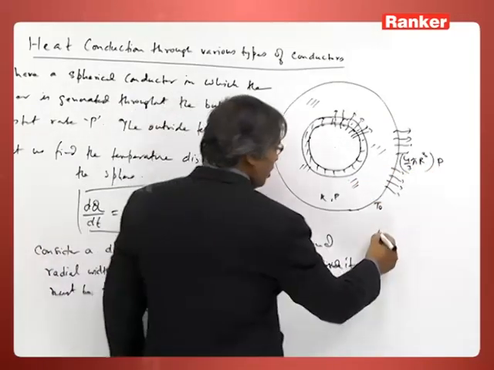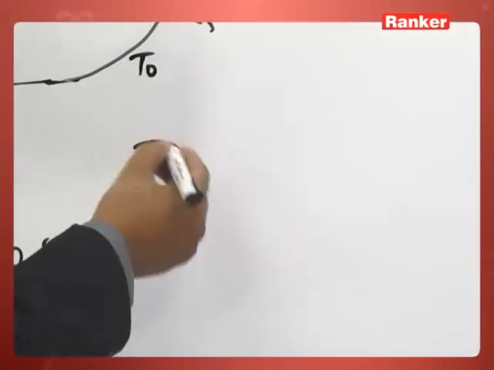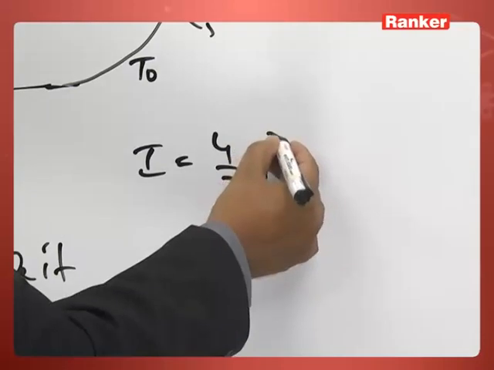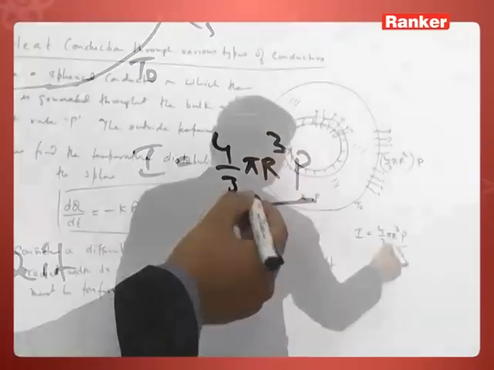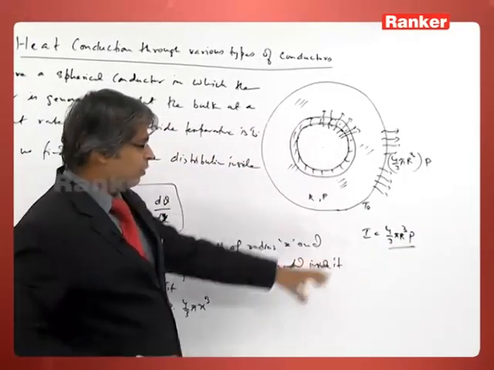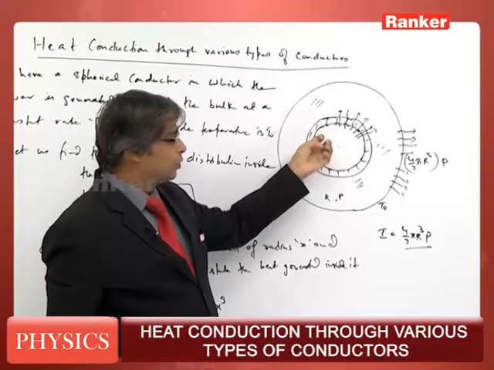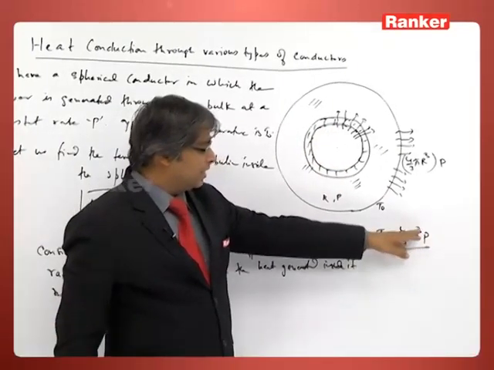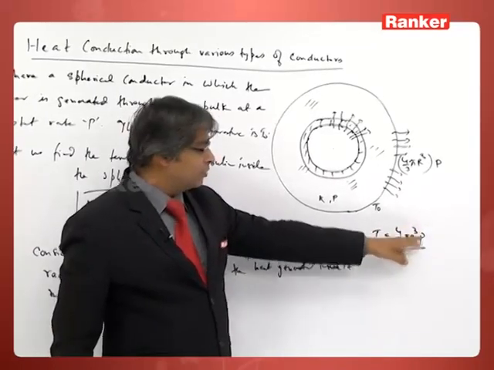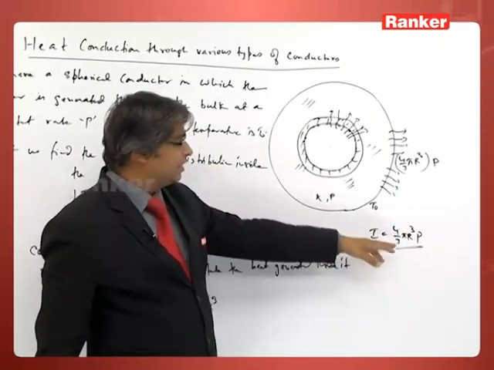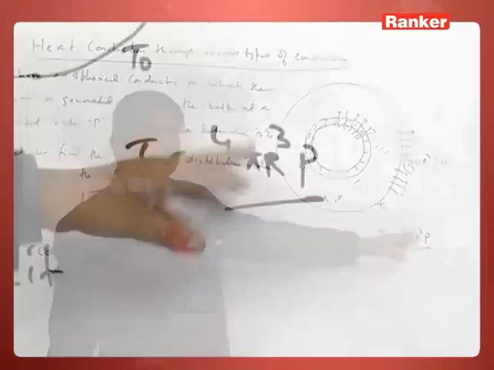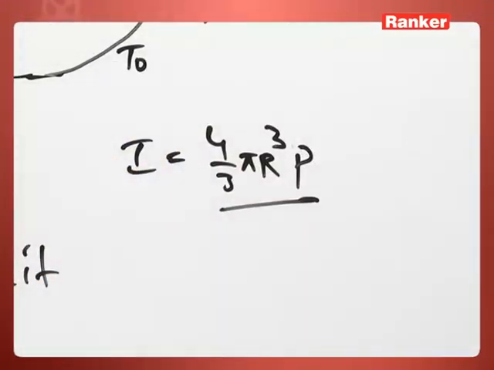So, I, that is the heat current, must be 4 by 3 pi r cube into P. P is power. Power means the amount of energy produced per unit time, that is dq per unit volume per unit time. So, the total amount of energy that must be transported through this outer radius is this much. This is the heat current.